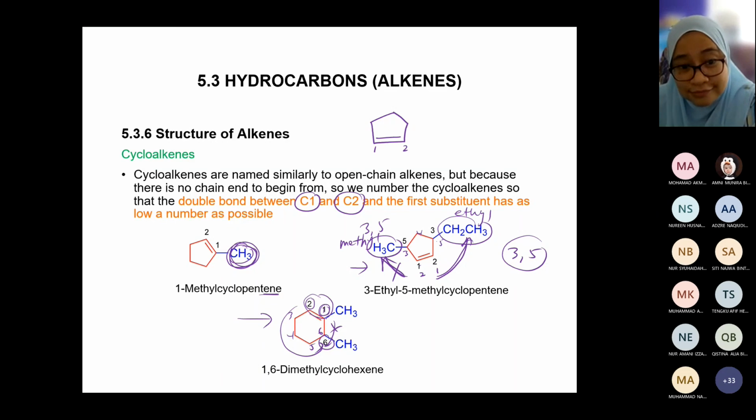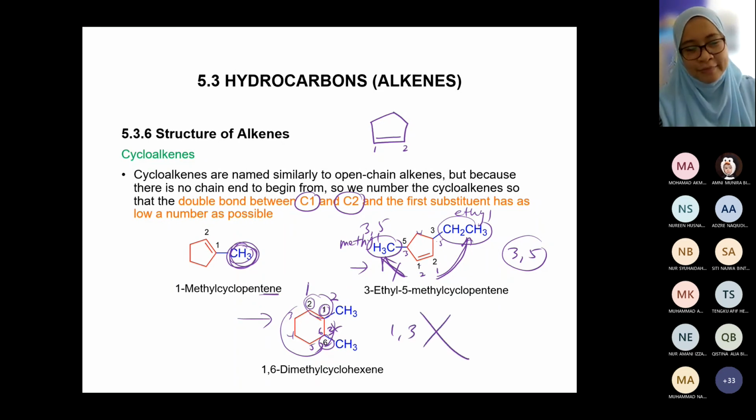That's why its numbering is 1,6-dimethylcyclohexene. Prioritize the double bond. And if the double bond carbon holds the substituent, that becomes carbon number 1. Not starting 1, 2 like that and then getting number 3, so 1 and 3. No, not like that.